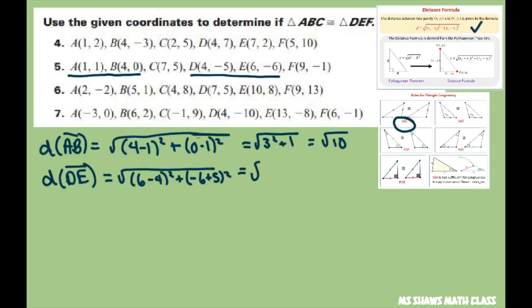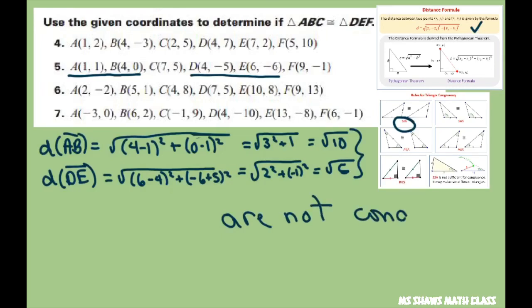Wait, that gives you 2 squared plus negative 1 squared. And that gives you the square root of 5. Since these don't match, that means the triangles are not congruent. So let's just write it out. Not congruent. The sides have to match.